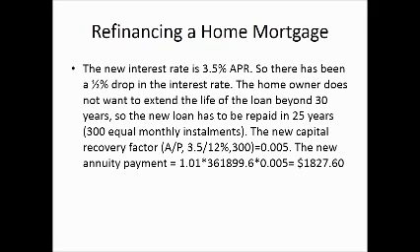And that comes out to be 300 equal monthly installments. So the new capital recovery factor will be A over P, 3.5 over 12% and 300 payments. And that factor is 0.005. So your new annuity payment is the capital recovery factor multiplied by the remaining balance, which comes out to be $1,827.60.